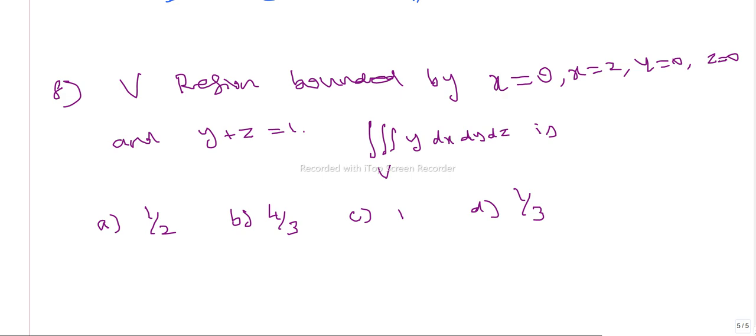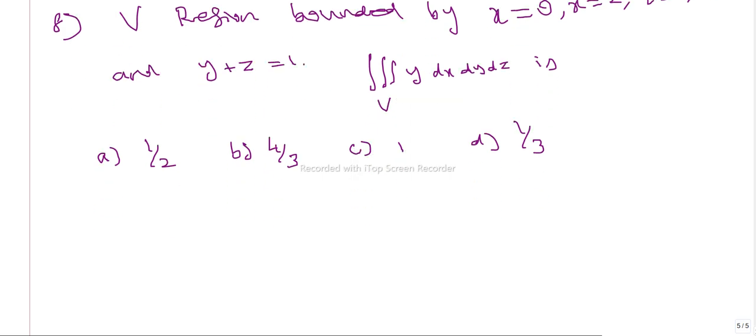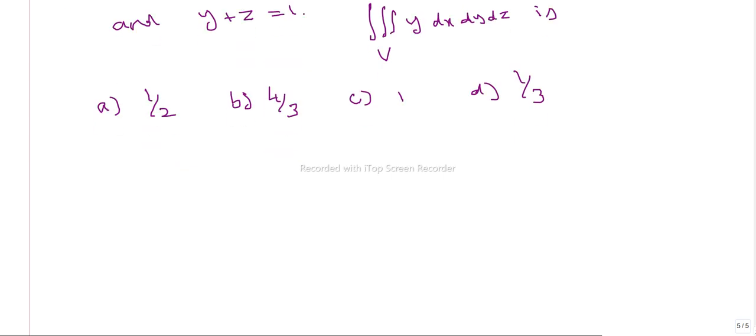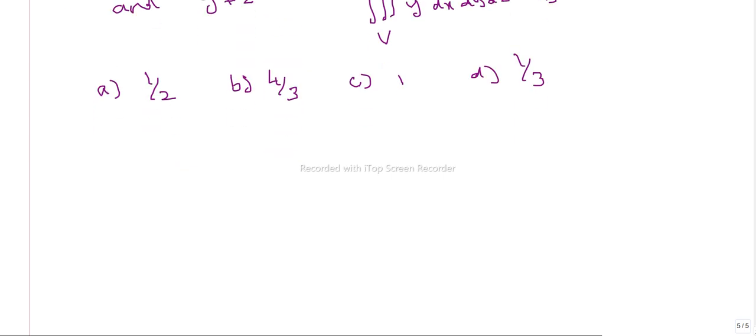It is given that the range for x is 0 to 2. The first integration should be the variable-limit one, so we have to interchange the order of integration. First we take x from 0 to 2 because it's given.